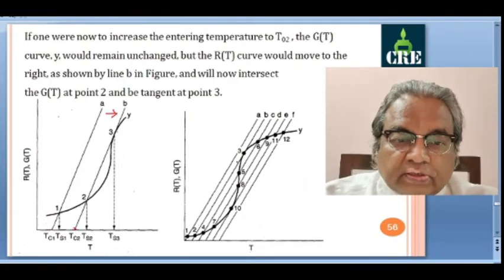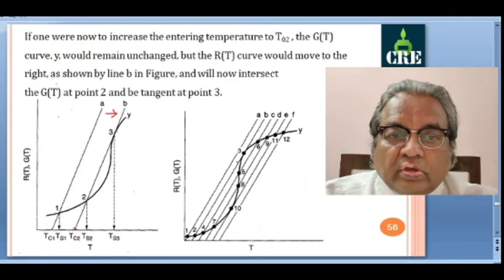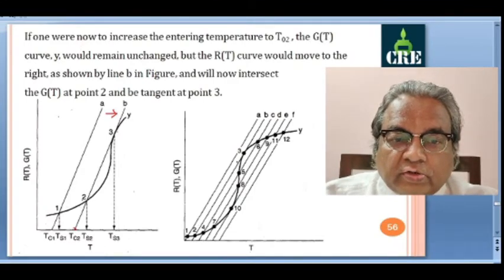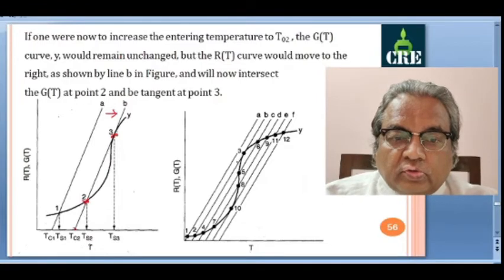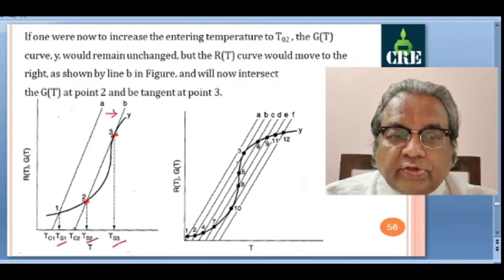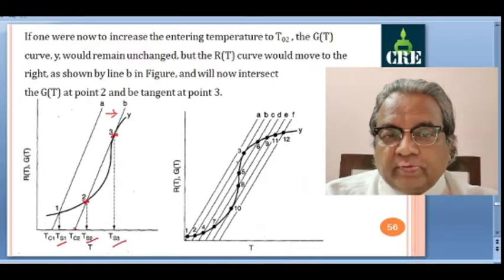So here it is shown as TC1, TC2. Now see here, it is crossing at this point 2 and point 3. So first steady state we have seen with this removal curve, second steady state and third steady state, TS2 and TS3, with this second removal term.